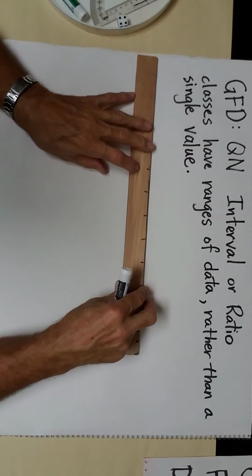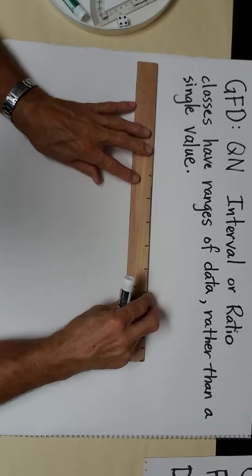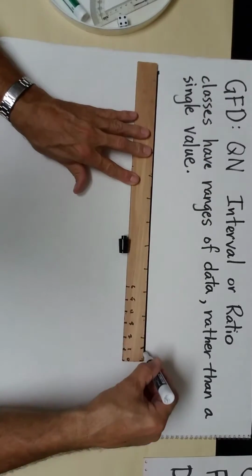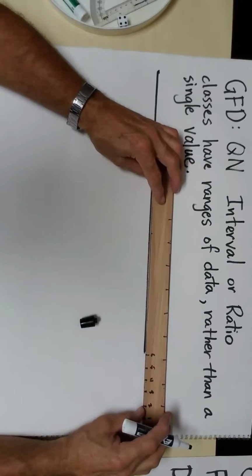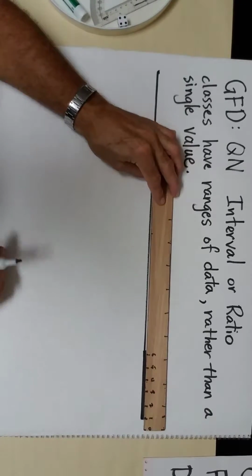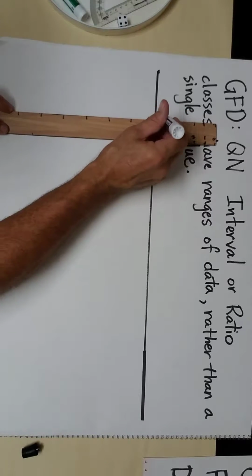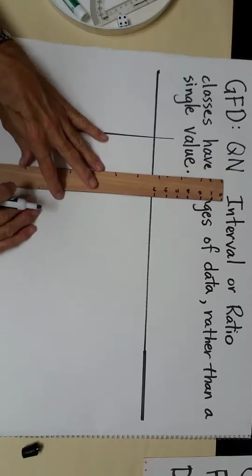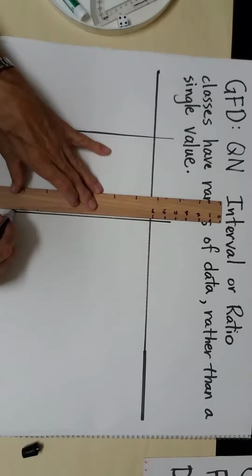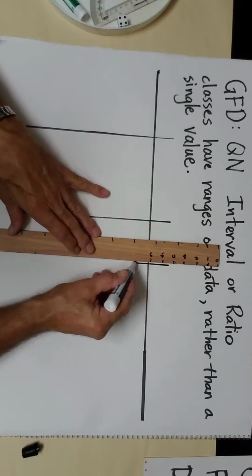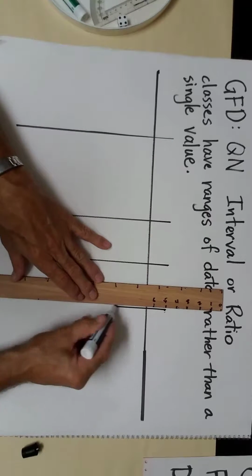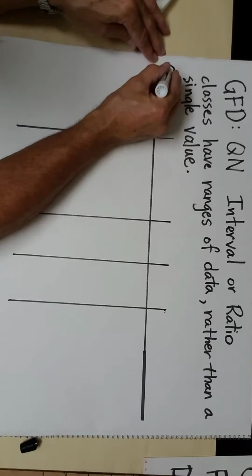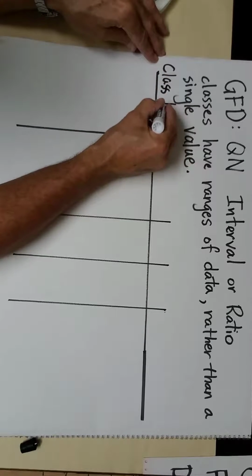I'm going to make up a problem just to demonstrate what it will look like when we get done. And then we'll go through a problem from start to finish. As I said, this table is the most complicated. The first column is something called your class limits.